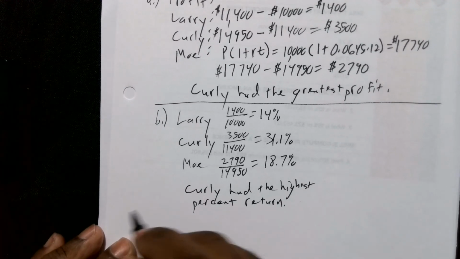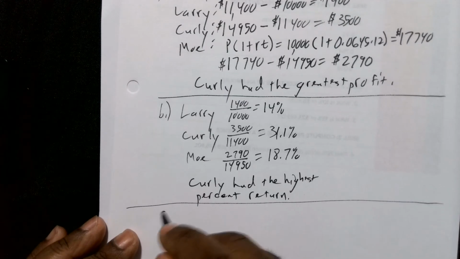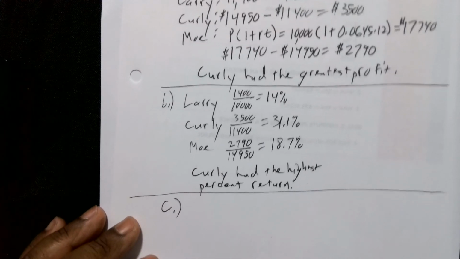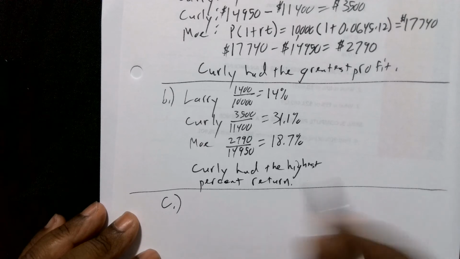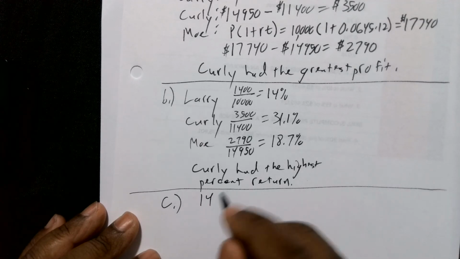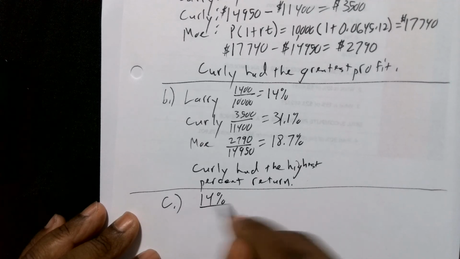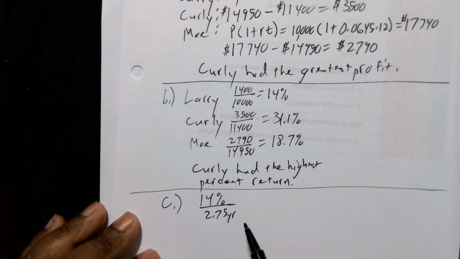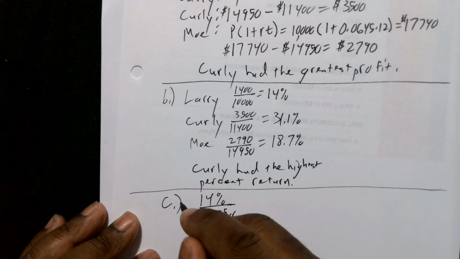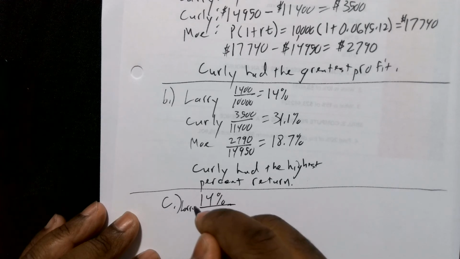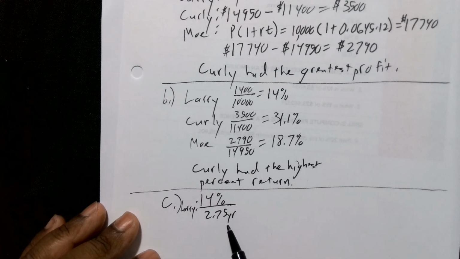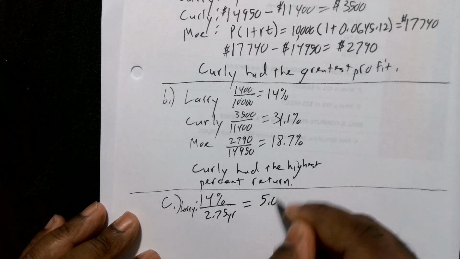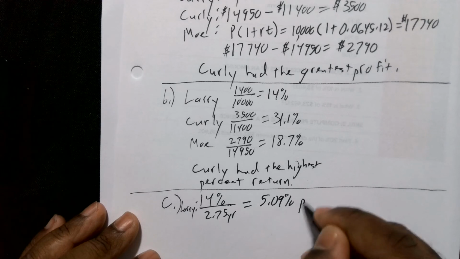Now we go here to C. We want to know which got the greatest percent return per year. So we would take their percent, so it'd be 14% divided by 2.75 years. That's how long Larry held on to the bond. So that gave him about 5.09% per year.